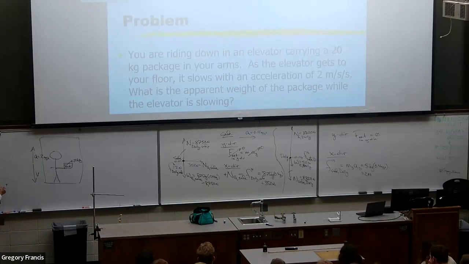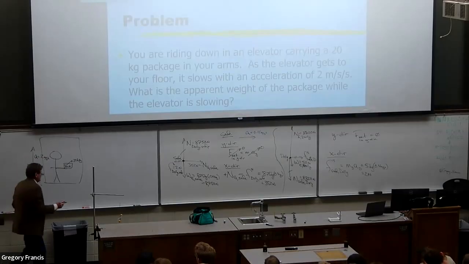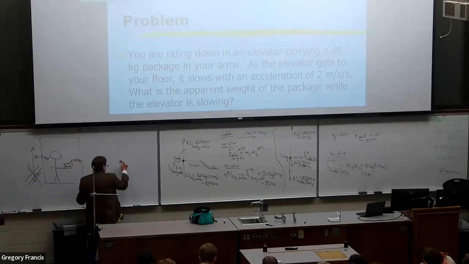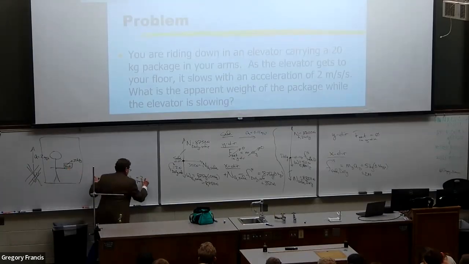Now remember, we need to ignore the velocity vector. That's never helpful. We want to concentrate on the acceleration vector. If I draw a free body diagram, the weight force, Earth on the package, that's just going to be 20 times 10 or 200 newtons.